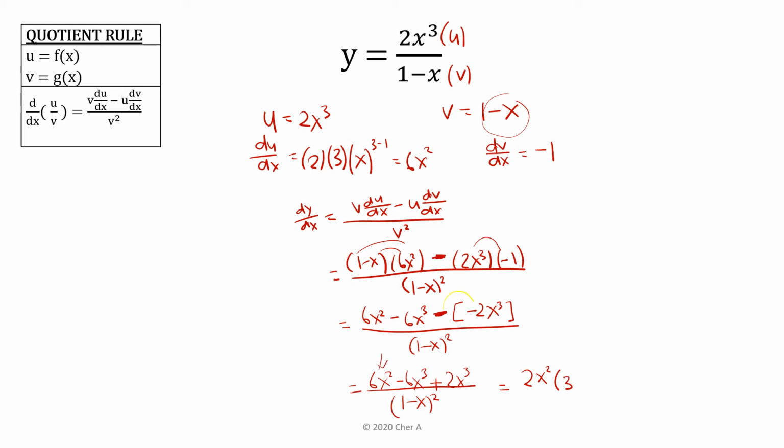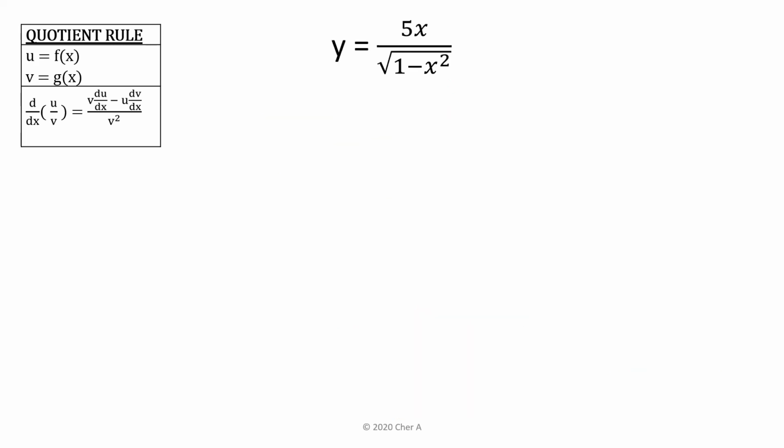When I factorize 2x squared from here, I'll be left with negative 3x. If I factorize 2x squared from here, I'll be left with x over my v squared. And my final answer will be 2x squared, 3 minus 2x, over 1 minus x bracket squared.